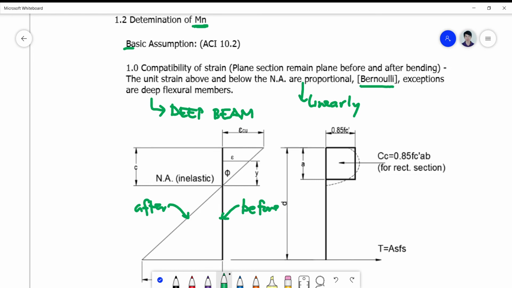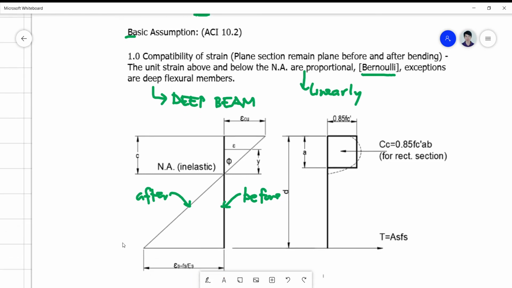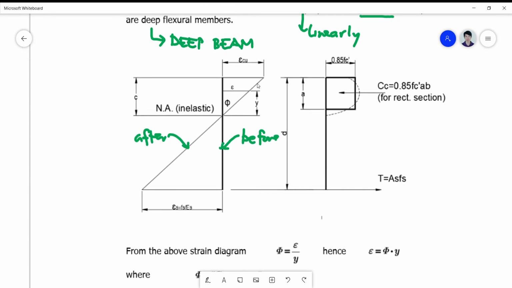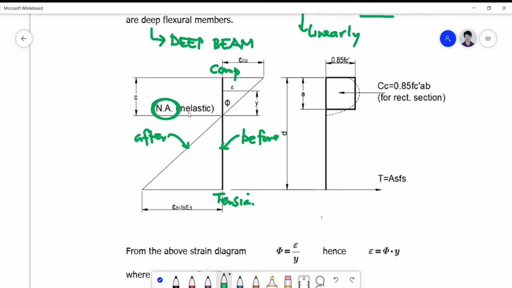So this is now a typical strain stress diagram. So we often draw this when we were in college. Okay. So the distance from the compression, this is the compression fiber. This is the tension fiber here, the bottom, is actually divided in terms of the location of the neutral axis at the inelastic part. Okay, when I say inelastic, this is the plastic range in reinforced concrete.